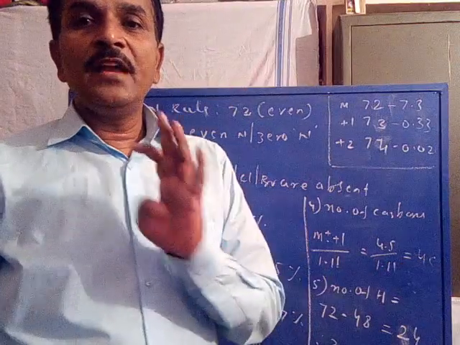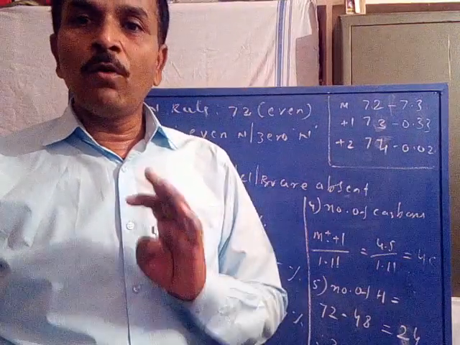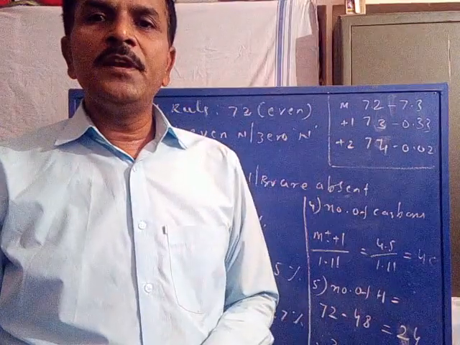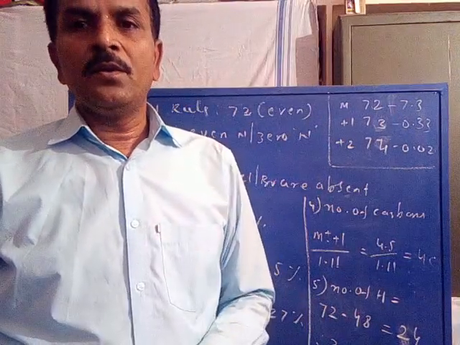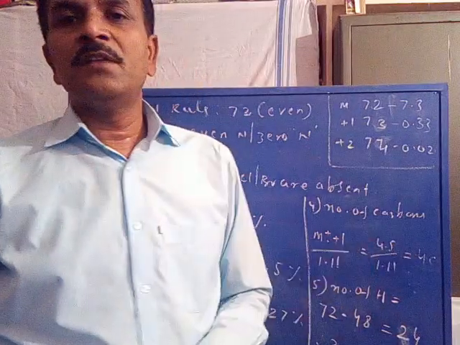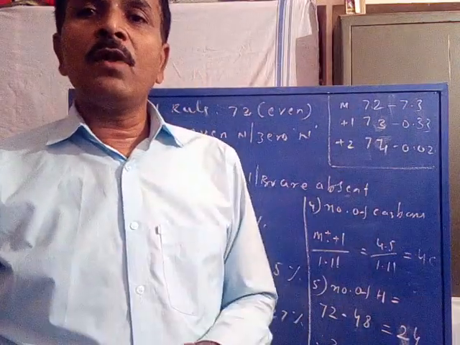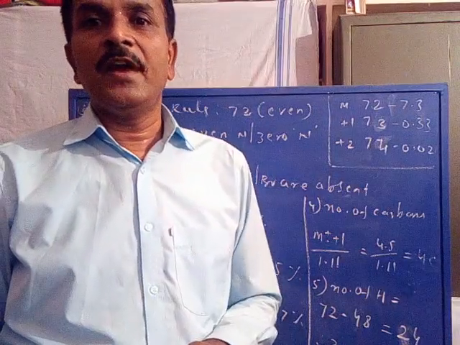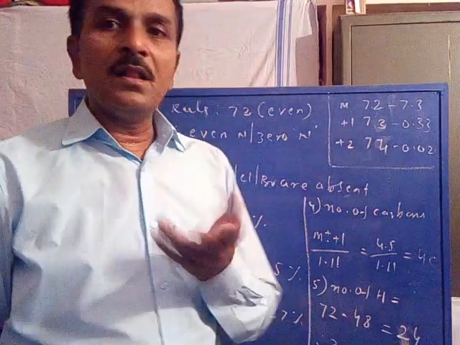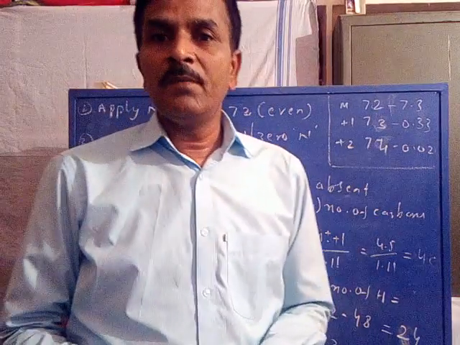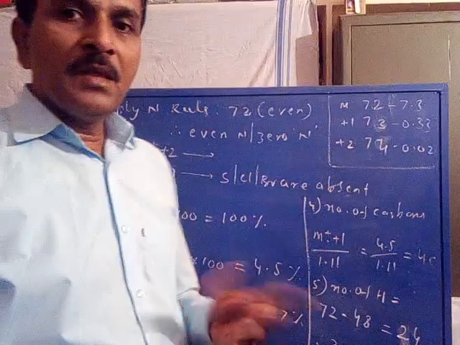During the calculation, we have got the presence of only 4 carbons. The leftover mass will be 24. There is no possibility to accommodate 2 nitrogen. Number of carbons are 4 only, so for 4 carbons, it is not possible to accommodate 24 hydrogens in the molecular formula.